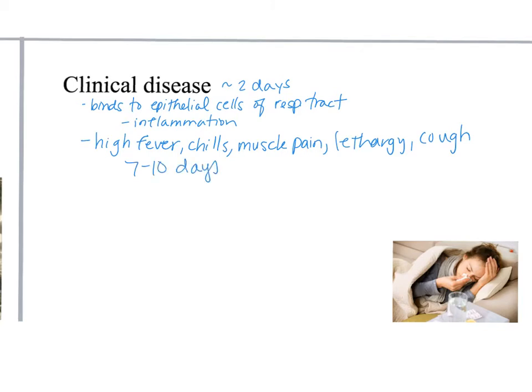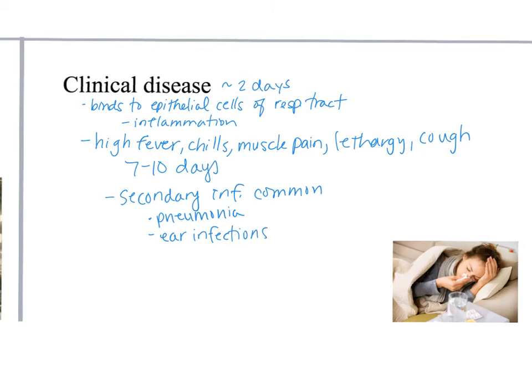Okay, and it can be even longer till the patient gets their strength totally back. Secondary infections are common. Typically things like pneumonia, that's particularly dangerous in elderly people, and otitis media or ear infections may be a little bit more common in children. Okay.